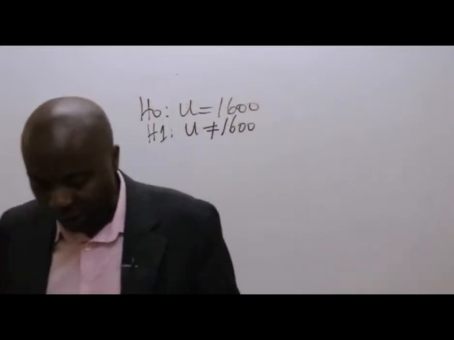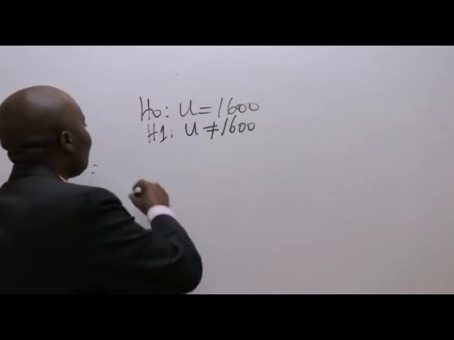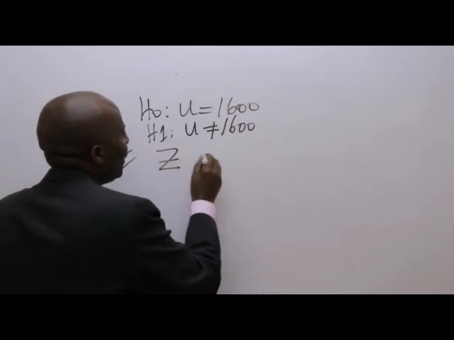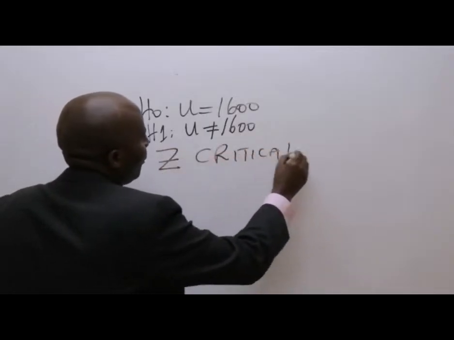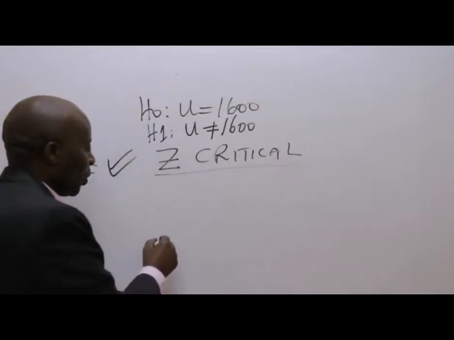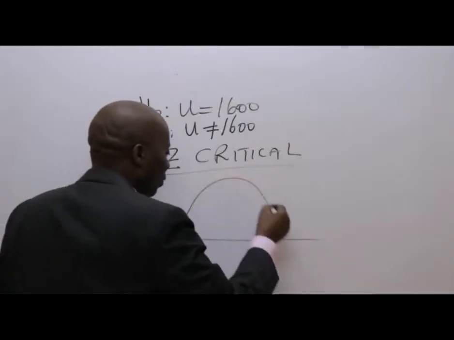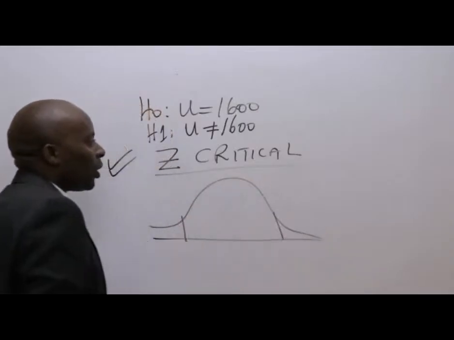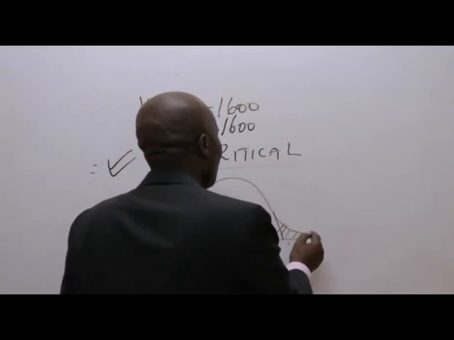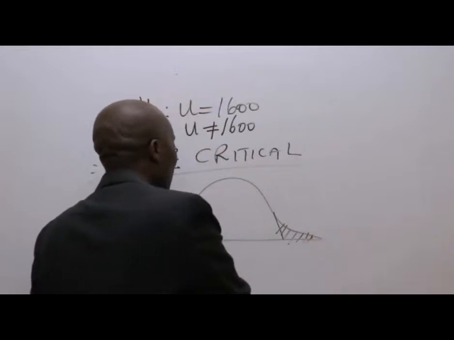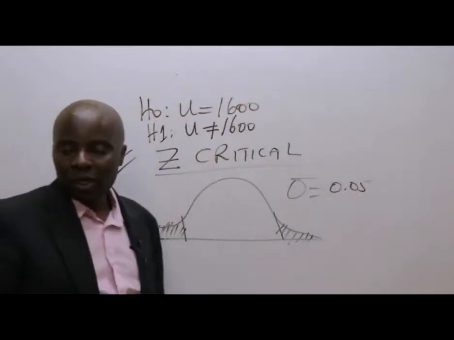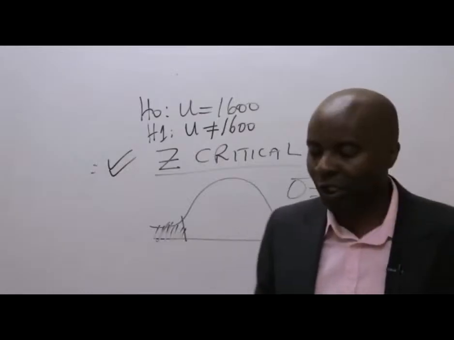Step number 2, ladies and gentlemen: given that this is a large sample, give us the Z critical. We have to draw our diagram. The examiner has given us the level of significance of 5%, which is 0.05.